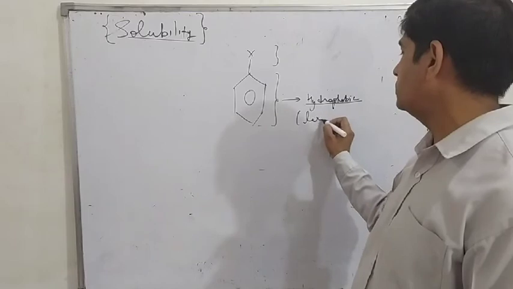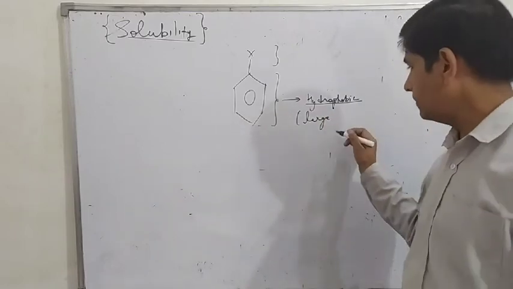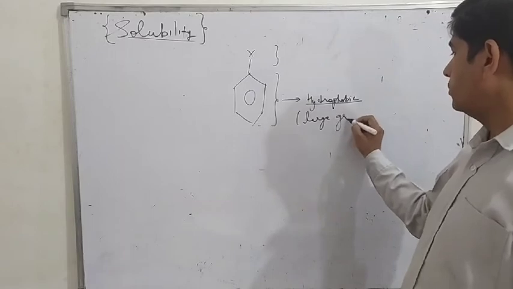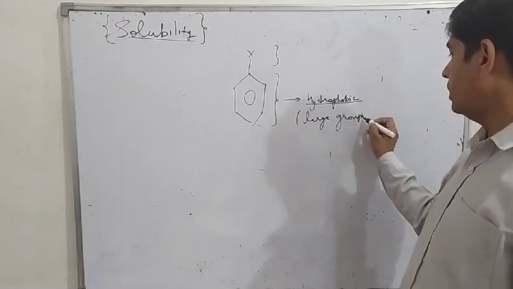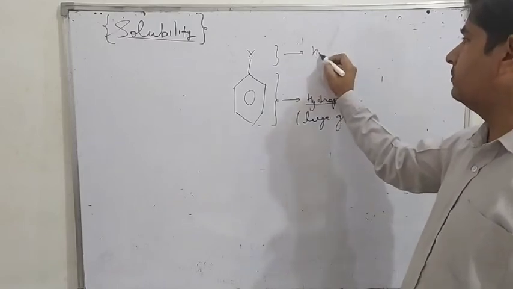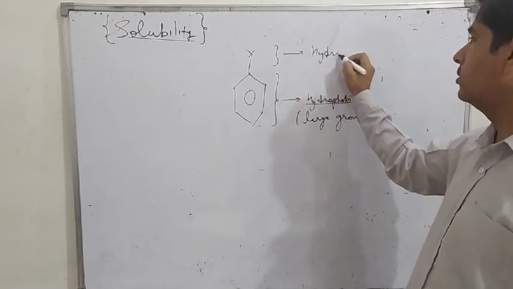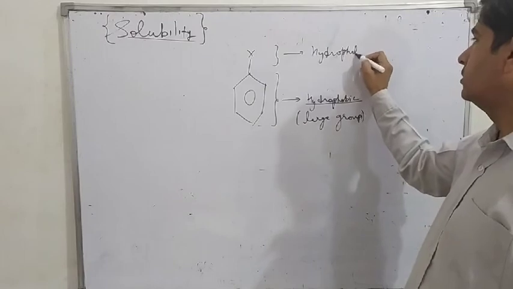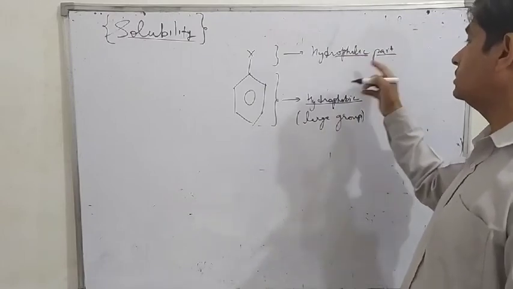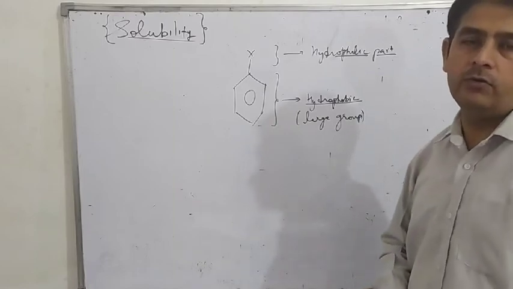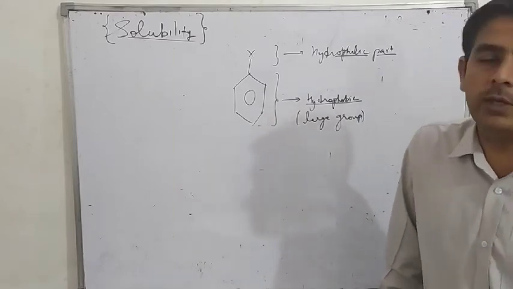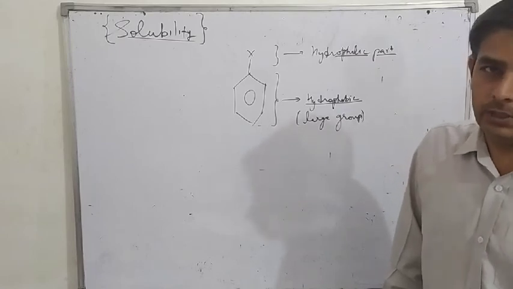This is a large group, and this large group is hydrophobic, and this is the hydrophilic part. So actually the hydrophilic part of aryl halide is much smaller than the hydrophobic part. So there will be greater effect of the hydrophobic part in solubility.